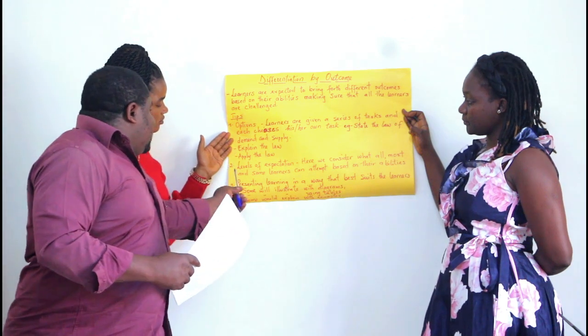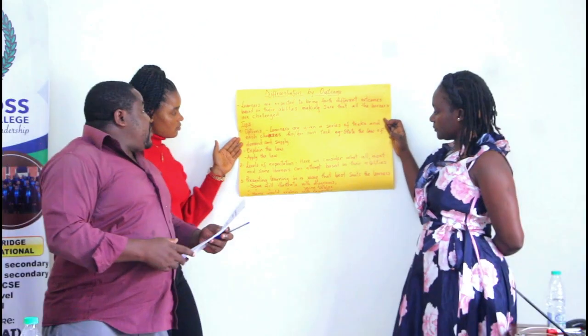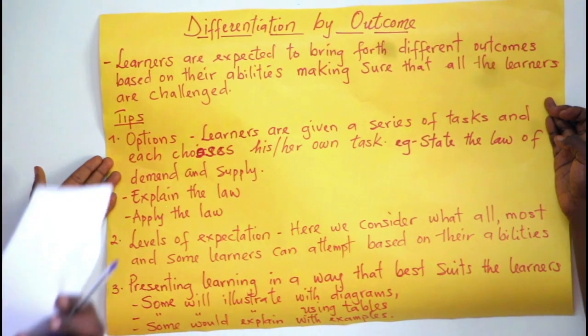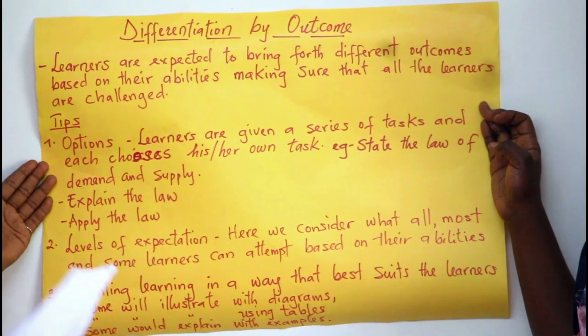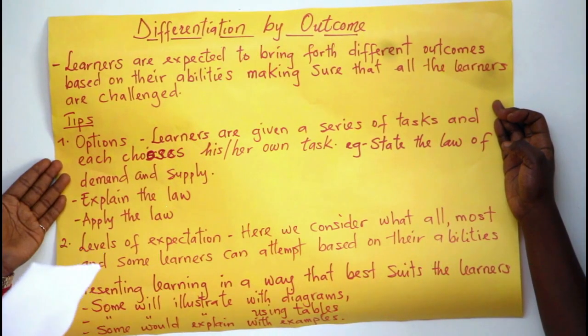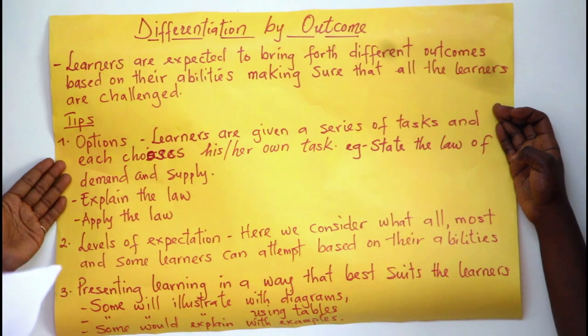The second one is levels of expectation, which here we consider what we said when we were stating our objectives. We know that in a lesson we have an extent to which we expect all to go, an extent to which we expect most to go, and an extent to which we expect some to go.